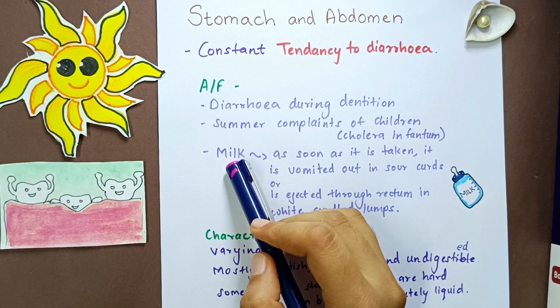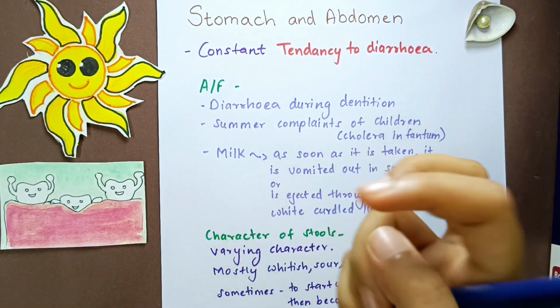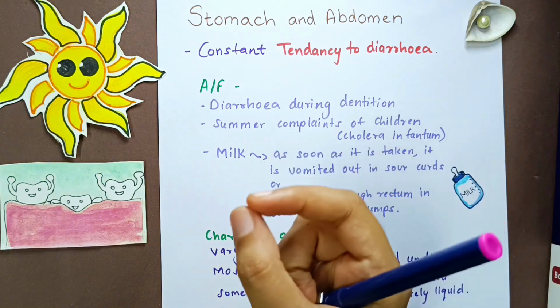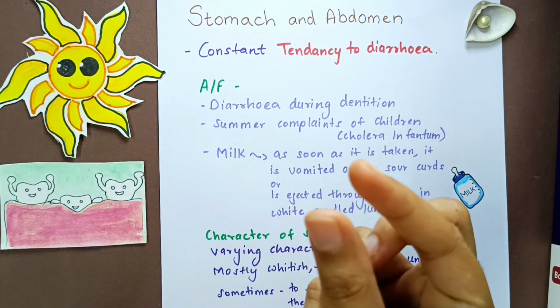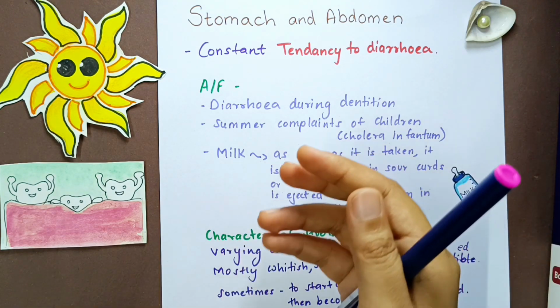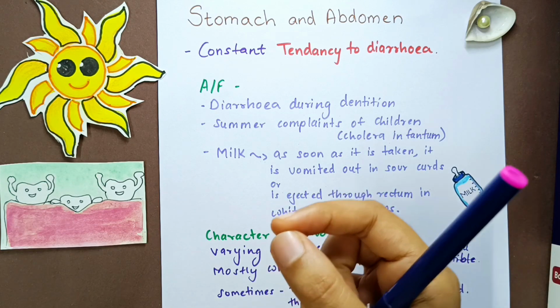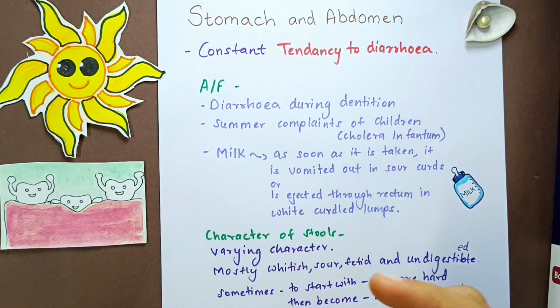This also has a reason, because milk actually contains two portions, solid and liquid. The liquid portion, the water present in milk, is the maximum. There is only a little bit of solid content. But what is that solid content? Among the nutrients present in the milk, the maximum amount is actually fats.